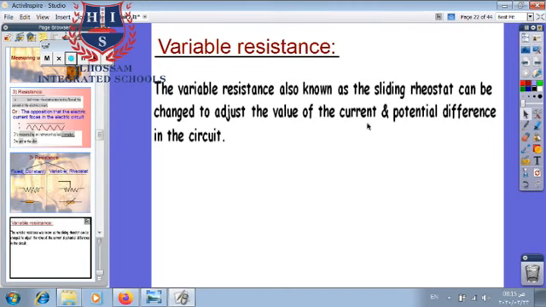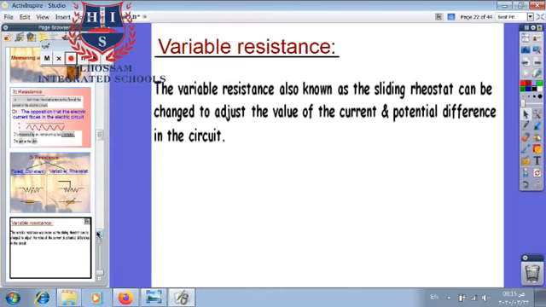Because as we said before, as the resistance increases, the electric current will decrease. So by changing the value of the resistance, the electric current intensity will change.